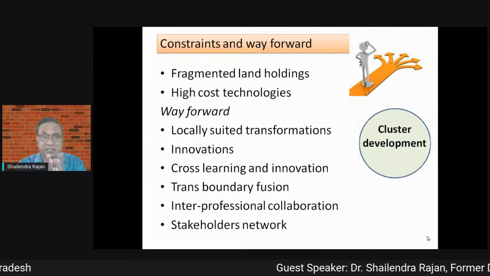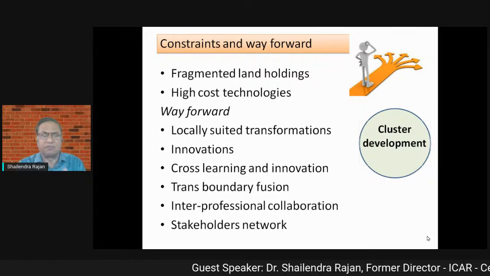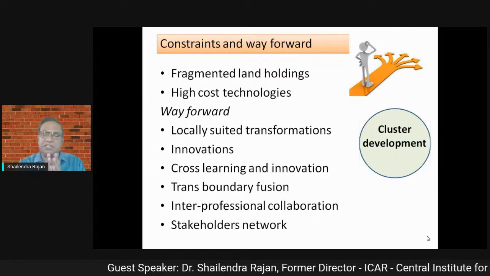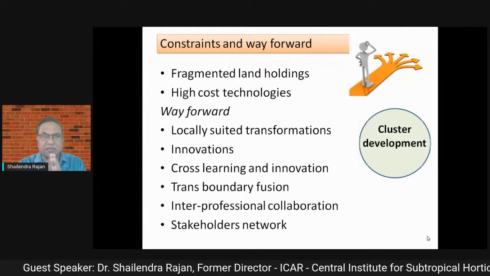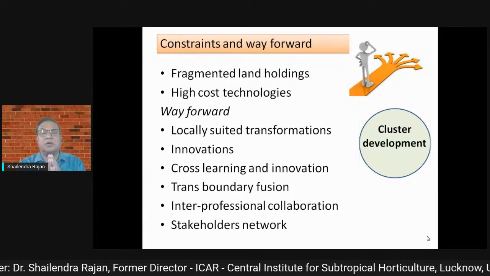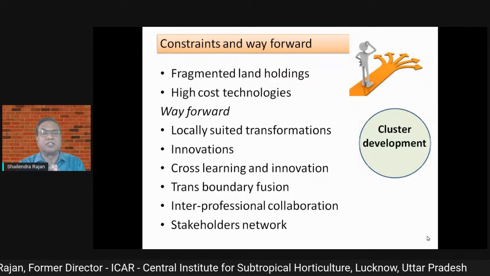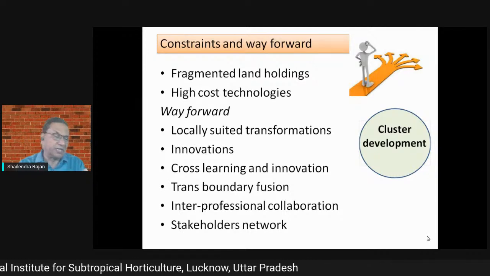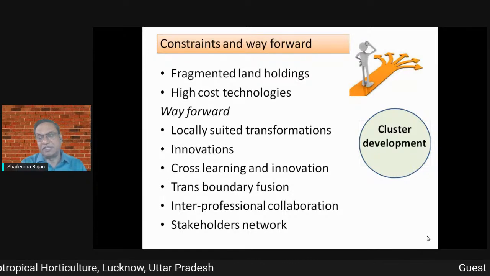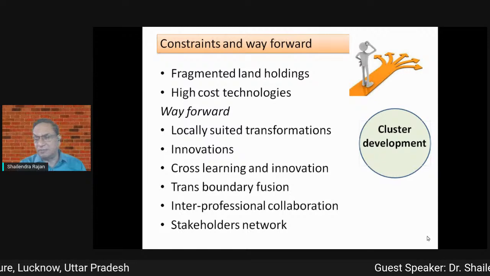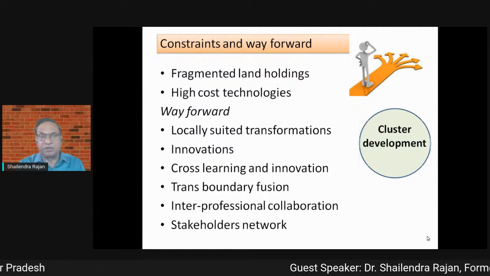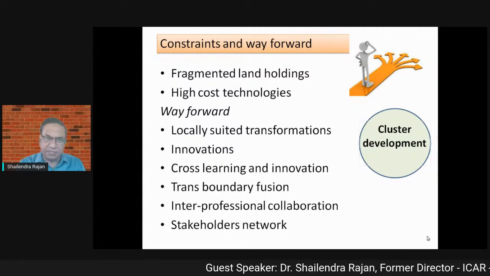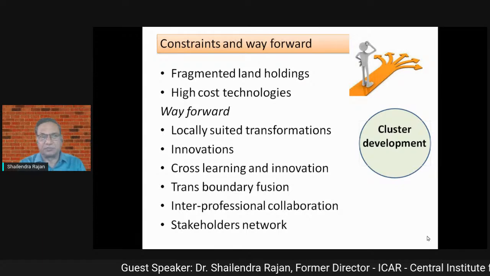Particularly, we think that this is unsuitable for Indian conditions. But many of the technologies which are not dependent on the holding size, and many which are not dependent on the cost, can be very well adopted. Those technologies will definitely be followed by Indian producers, not only for production for the domestic market, but also for export.